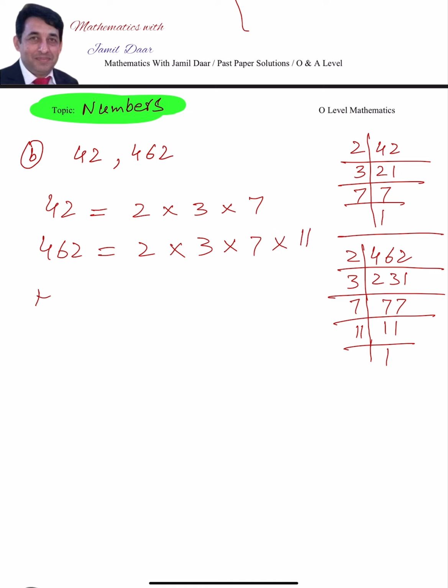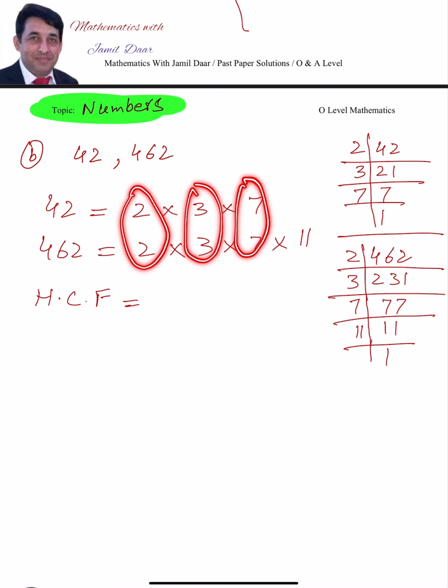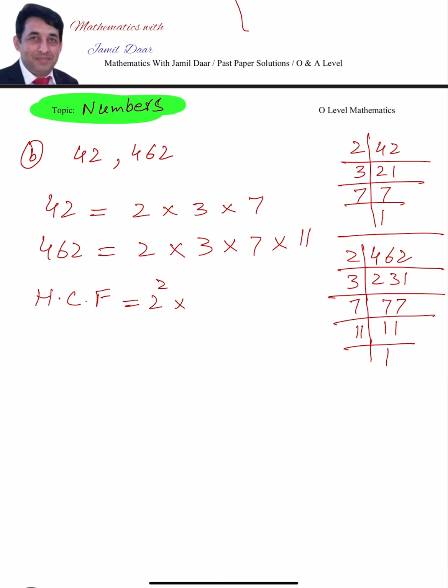So HCF is the common factors. So these are common, so this is 2 into 3 into 7, and that is 42.